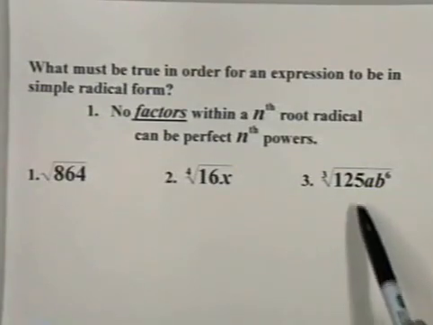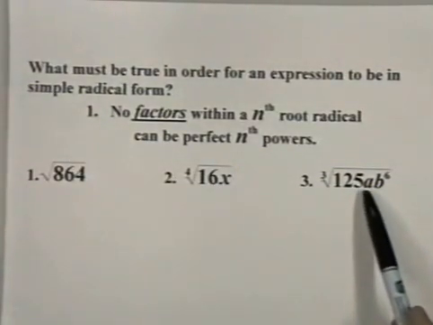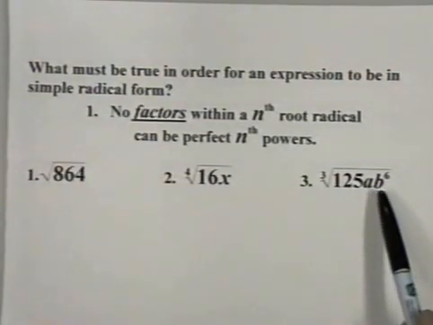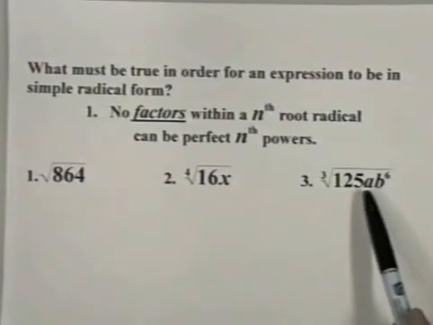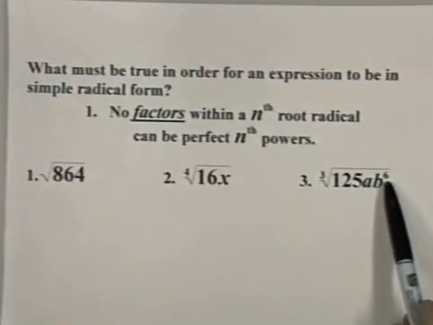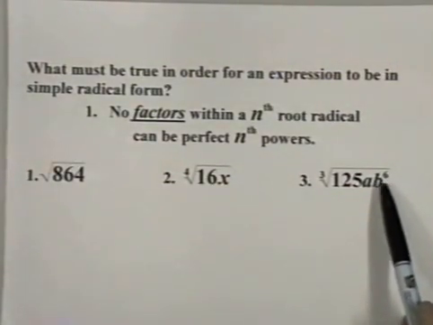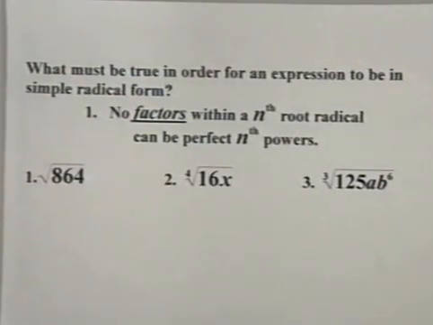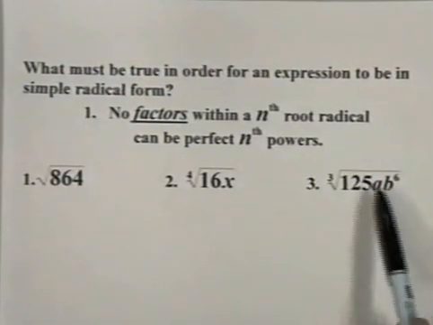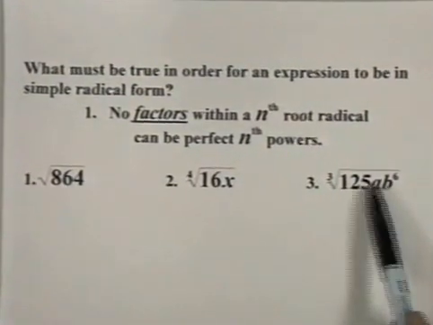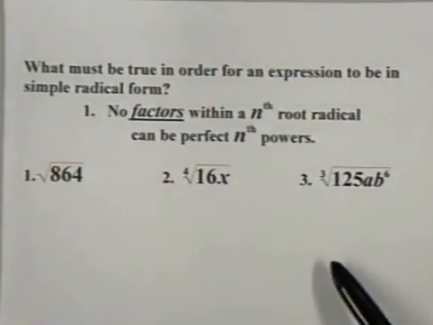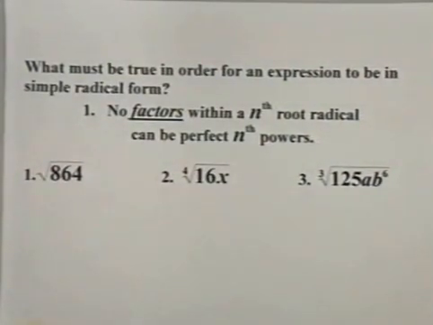We do not want to leave perfect cubes, factors, within the radical. See any others? Yeah, b to the 6th. b to the 6th is also a perfect cube, and so this would not be in simple radical form if we left either one of those within the radical.